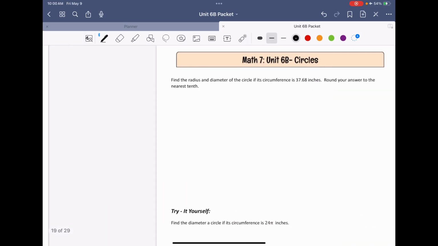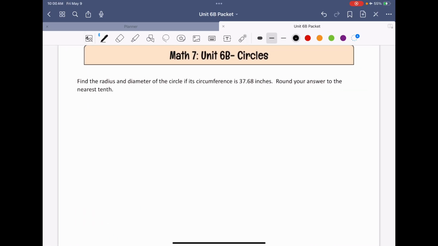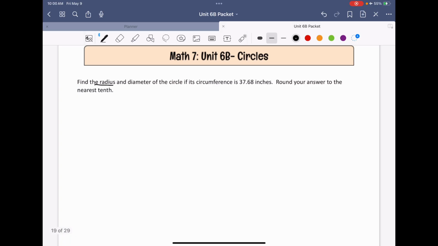Okay, next page. It says find the radius and the diameter of the circle if the circumference is 37.68 inches. Round your answer to the nearest tenth. I changed my mind. I'm going to highlight what it's asking me to find, just so I don't confuse my rounding.